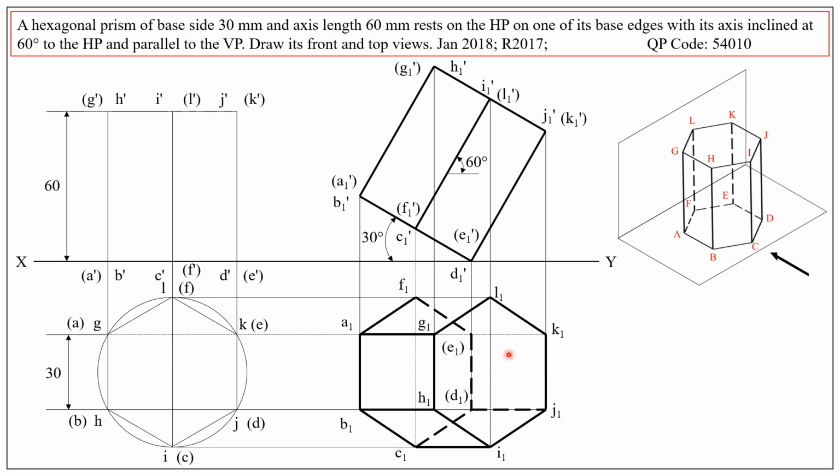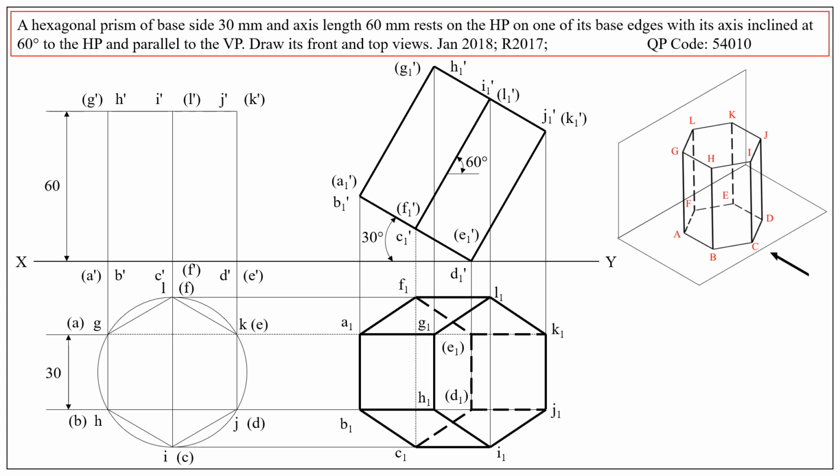Out of these 2, E1 is invisible, therefore dotted line. And the final one is FL. So F1, L1, both are visible, therefore continuous line. So this is the final top view, and this completes the problem.